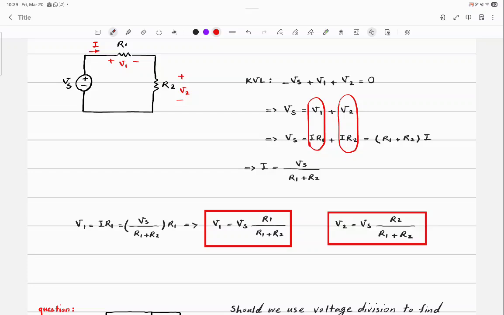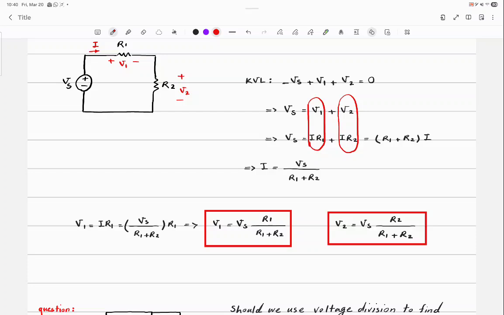How much voltage is dropped across the 40 ohm resistor? 4 volts. How much is dropped across the 60 ohm resistor? 6. So the voltage dropped across a resistor is going to be larger if the resistor is larger.